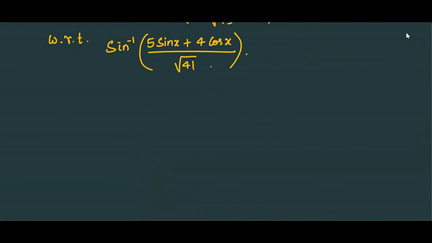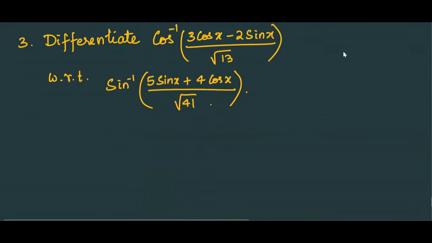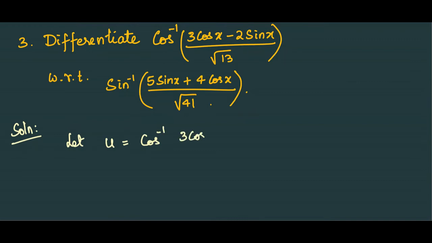Okay, look at the solution here. Now let u be cos inverse of (3 cos x minus 2 sin x) by root 13.